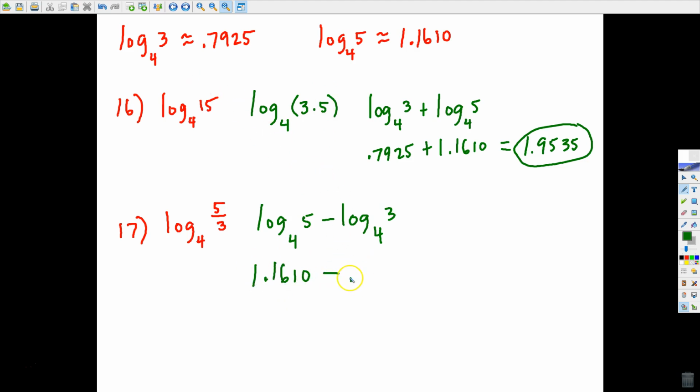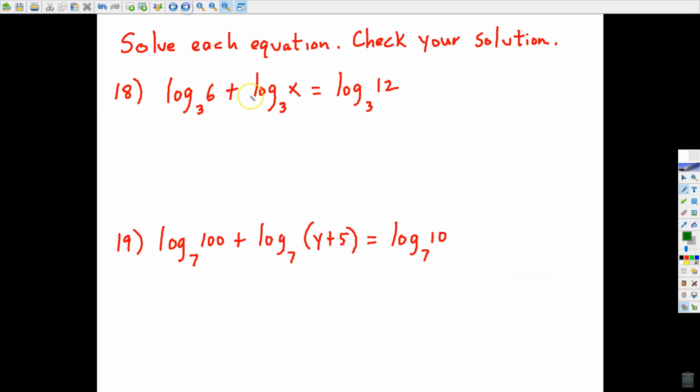Log base 4 of 3 is 0.7925. And I just subtract these and I will have my answer: 0.3685. And that is our answer for number 17.